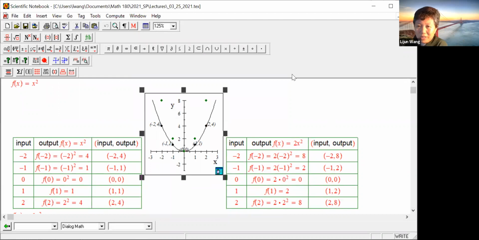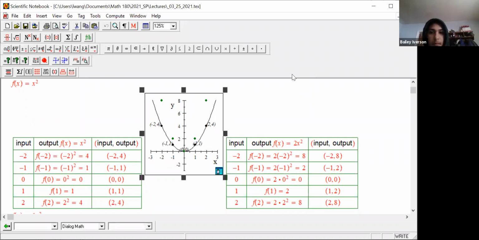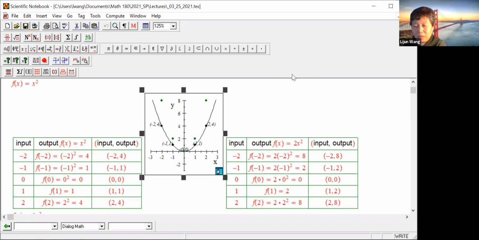So what kind of stretch is that? Would it be vertical? Let's not talk about those other terminologies. Comparing to the previous curve, is it wider or narrower? It's narrower, isn't it?